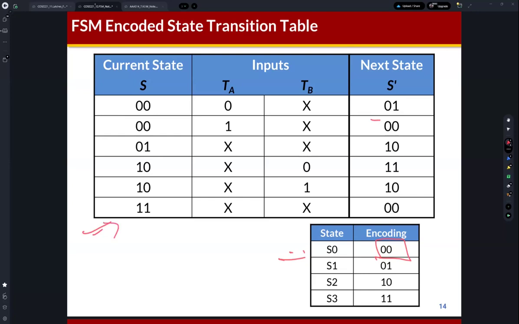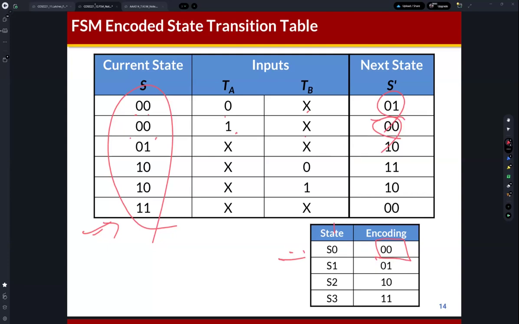If you see this table, you can find that this table is similar to a truth table, right? This is the left side of the truth table, like 0, 0, 0, don't care, then output is 0, 1, right? And then 0, 0, 1, don't care, then output is 0, 0. So we complete the state transition table, and you can observe that the states are encoded using digital values.